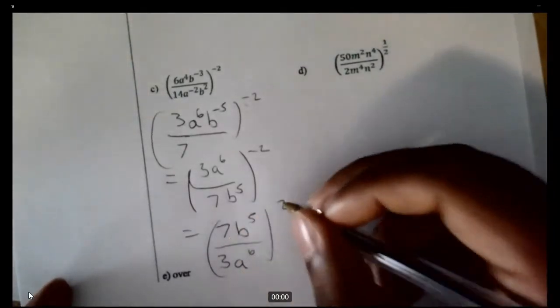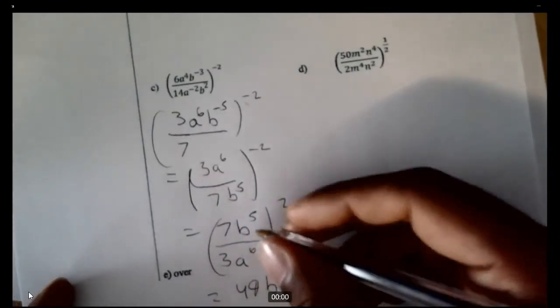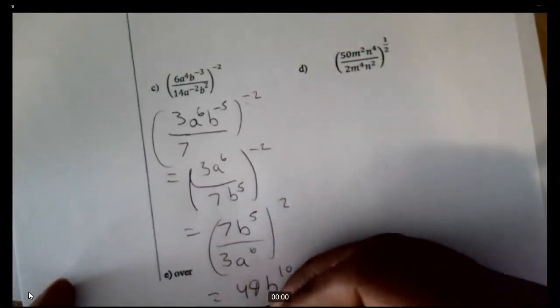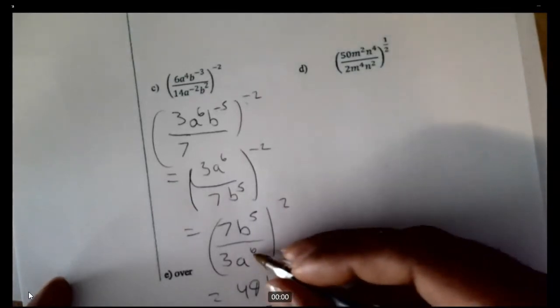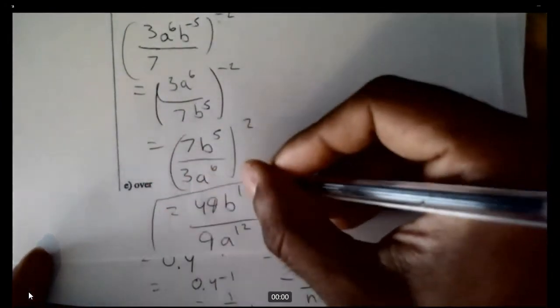So 7 squared is 49. b, 5 times 2 is 10. And then to the bottom, 3 times 3 is 9. And then a is 6, so 6 times 2 is 12, so a to the 12. Okay, I'll move it up so you can kind of see what I did here.